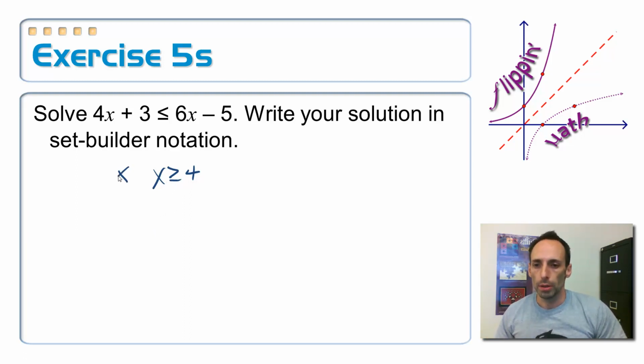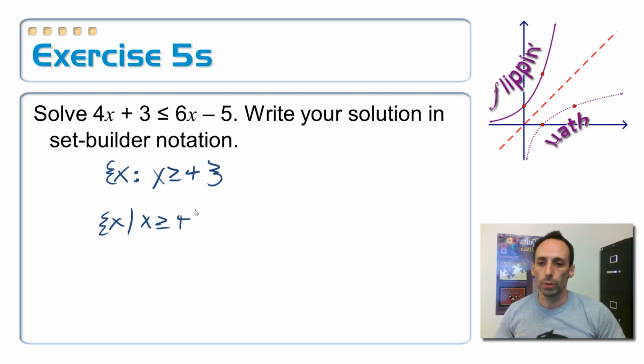I'm talking about x, I put a little colon, and then I put my curly brackets around it. Or maybe I use that such-that vertical stripe. x is greater than or equal to 4, another curly bracket. See, it's very, very simple.